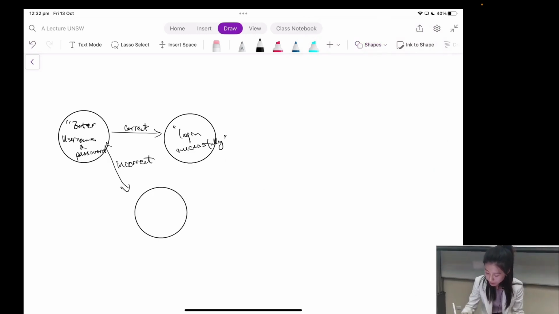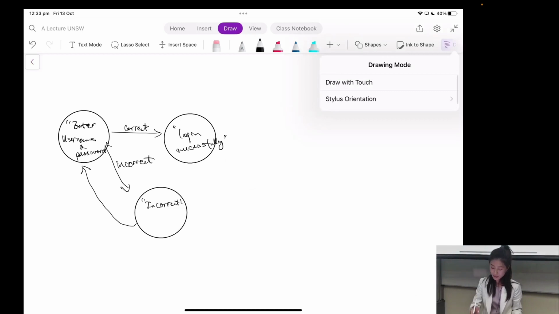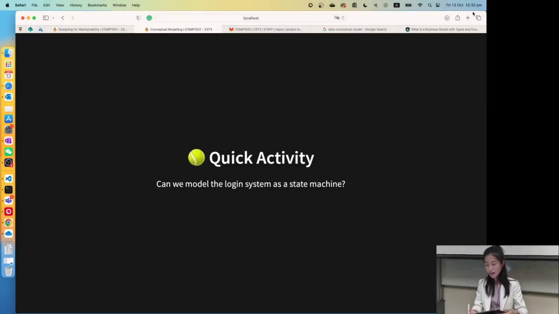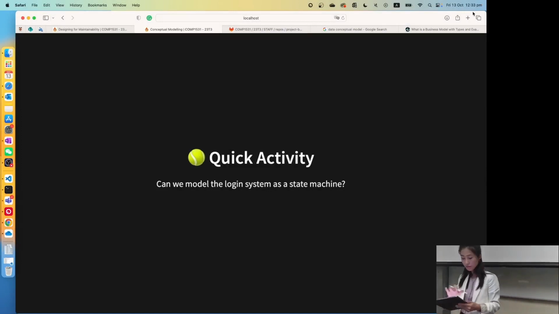And this login platform will say incorrect. It will tell you that it's incorrect and ask you to enter your username and password again. Okay, my handwriting, I'm so ashamed of that. Okay, cool. So this is how we model our software systems using state diagrams.